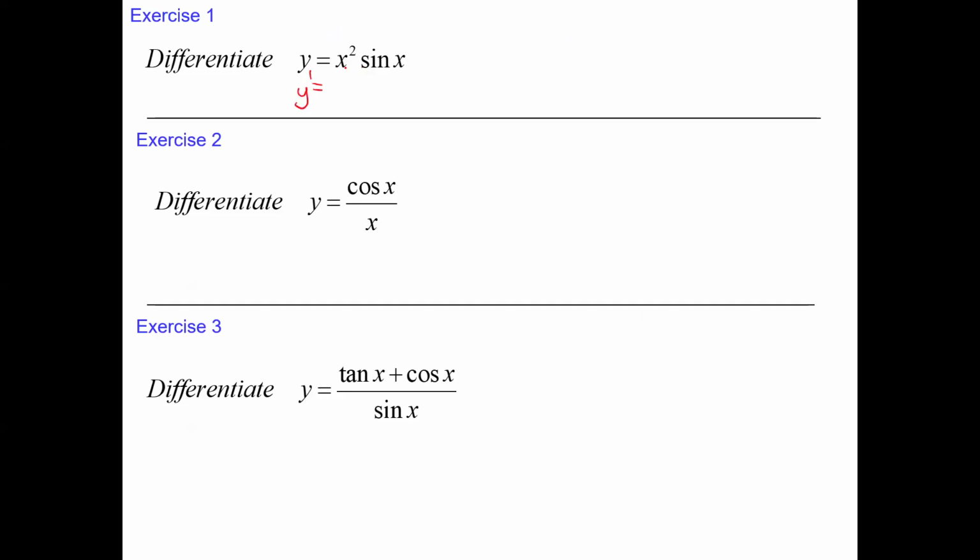The derivative of x squared is 2x times sine of x, plus x squared times the derivative of sine of x, which is cosine of x. Beautiful. Product rule, because the dot is not really printed, but we have a product. Please, that's one of the most missed questions.